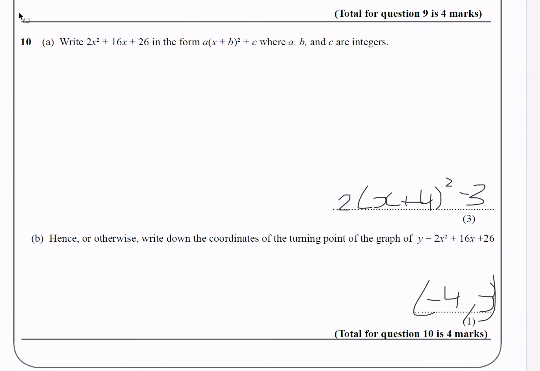Okay, so what mistake have you made? First, we take 2 out. It will make x square plus 8x. 26 divided by 2 is 13, right? Then 2 bracket, then minus sign.